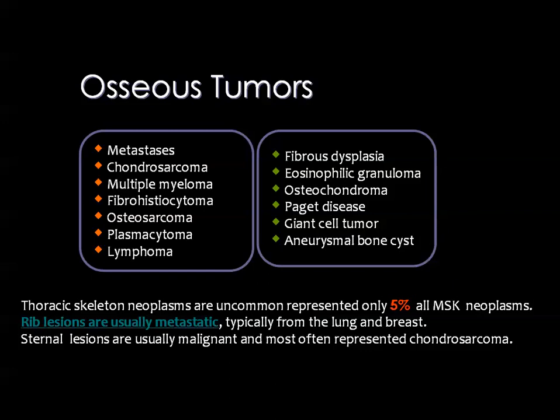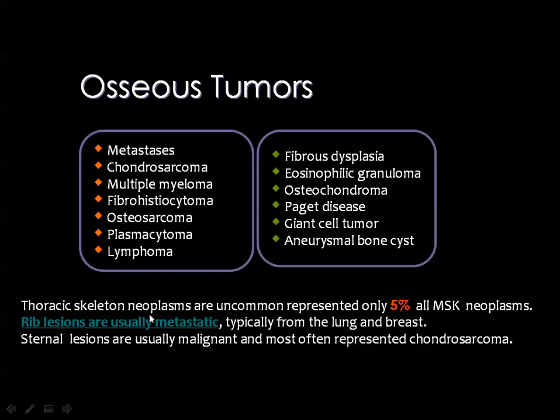But here you know that you have some of the benign and malignant lesions, and metastasis is considered, in my opinion, the most common lesion affecting the chest wall. Then you remember chondrosarcoma, multiple myeloma, fibrous histiocytoma, osteosarcoma, plasmacytoma, and lymphoma. Then some of the benign lesions like aneurysmal bone cyst, giant cell tumor, osteochondroma, eosinophilic granuloma, and fibrous dysplasia.